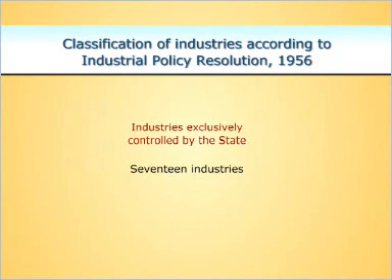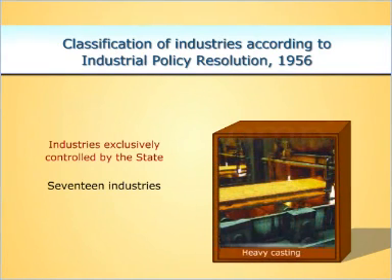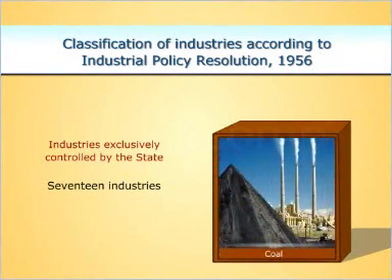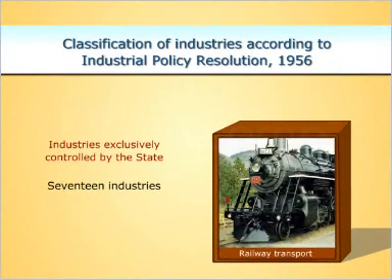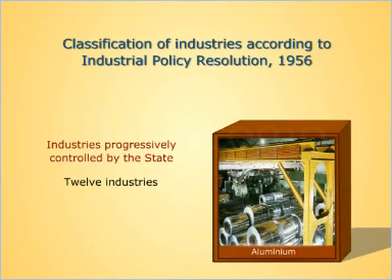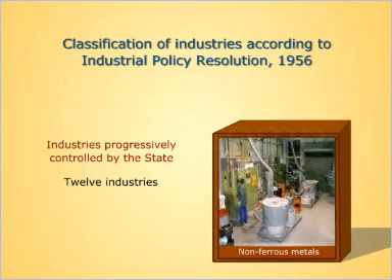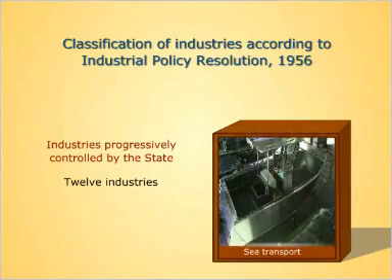Some of these industries were arms and ammunition, iron and steel, heavy castings, coal, mineral oils, air transport, railway transport, etc. The second category consisted of 12 industries in which the private sector could supplement the efforts of the public sector, with the state taking the sole responsibility of starting new units. Some of these industries were aluminium and other non-ferrous metals, chemical industry, fertilizers, road transport, and sea transport.